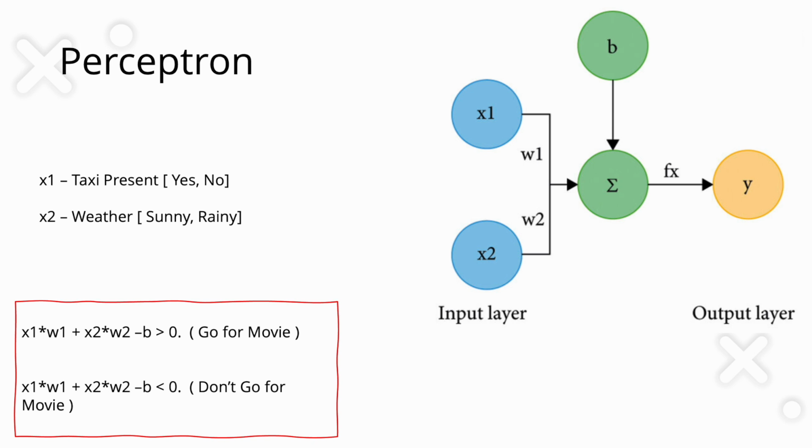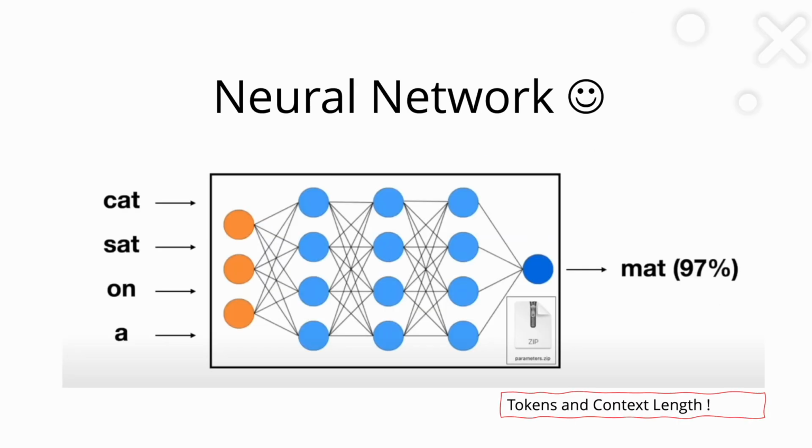For example, if in one of the samples this was a positive number, with a particular value of x1 and x2, I will try to assess w1, w2 and b in such a way that more often than not the y which I am predicting matches the ground truth in the sample, or the training data. This is the crux of the perceptron. I do not want to go into detail, but you expand that and you arrive at a neural network, a deep neural network. Why? There are many layers of that, but this is nothing but a perceptron, a more complex perceptron, right?